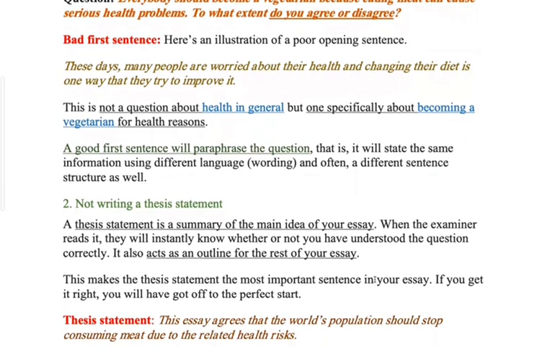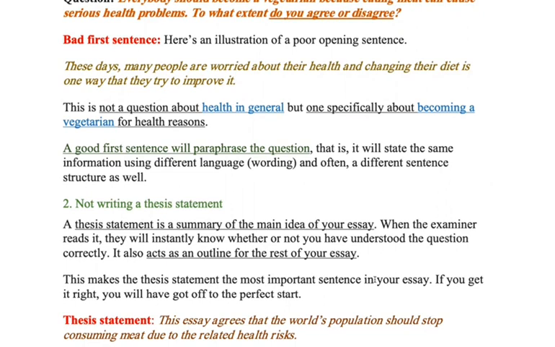So this statement summarizes the main point of your essay. This makes the thesis statement the most important sentence in your essay. And that's true. If you get it right, you will have got off to the perfect start. You will have a good opening sentence.